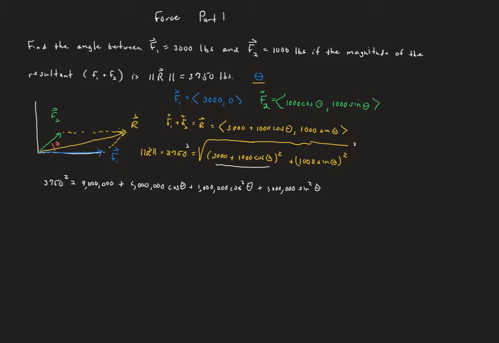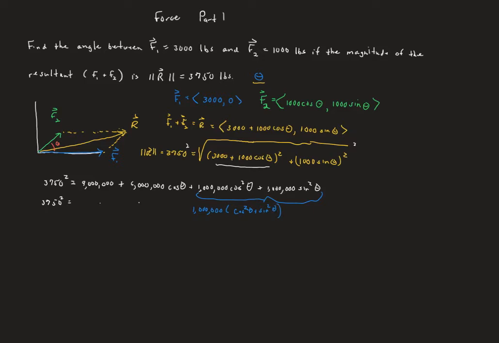Now we can combine a little bit with some clever factoring. I'll leave the first two terms as they are, but on the second two we can factor out that 1 million, which leaves our favorite trig identity, cosine squared theta plus sine squared theta, which we know is 1.